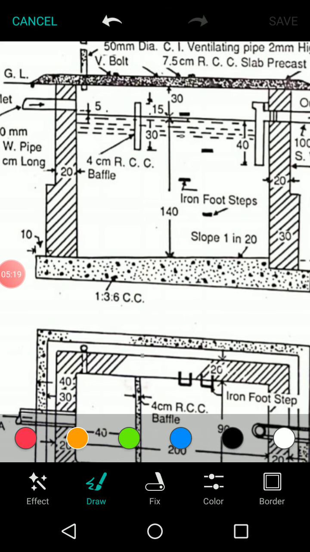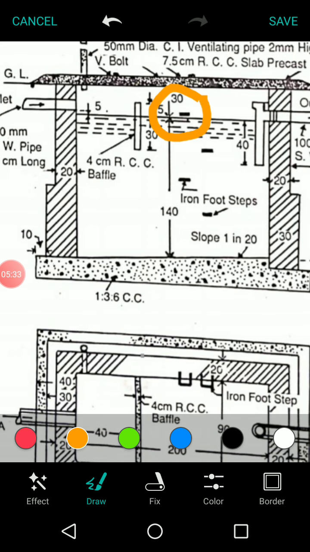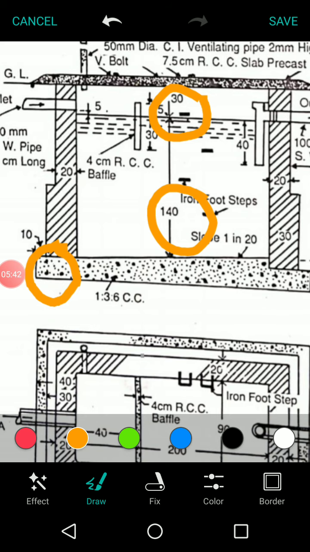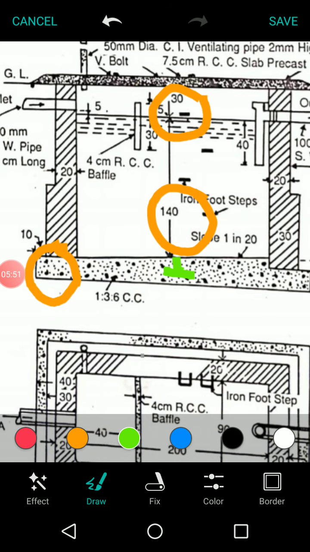See, excavation is generally made below the ground level, correct? So from the ground level, it is 30 centimeters plus 1.4 meters plus the slab thickness given as 20 centimeters, and then the height here to here, it is 5 centimeters.